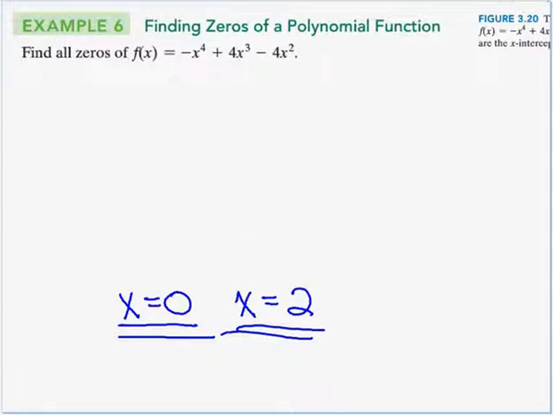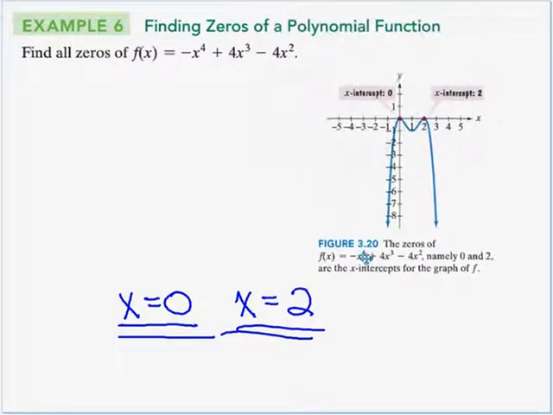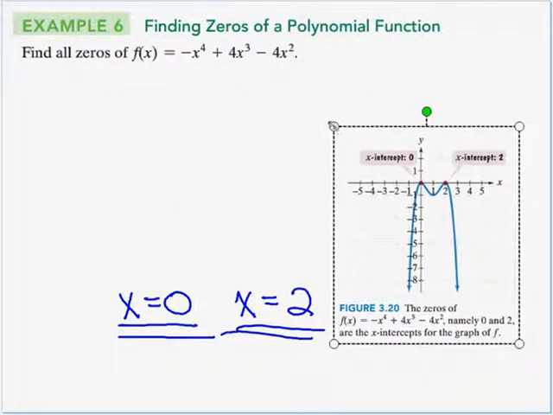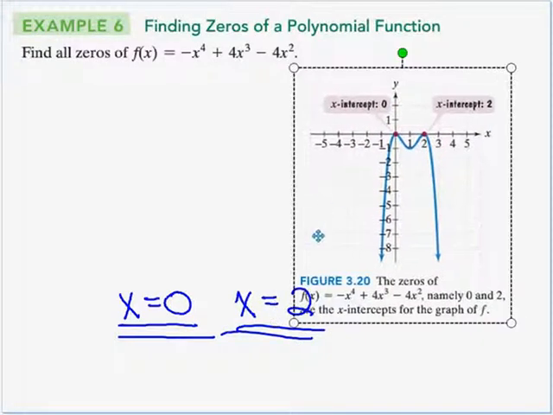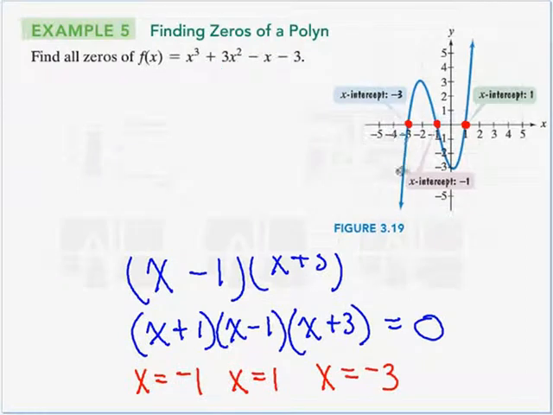Let's see what the graph looks like. Aha, a little different. Now look at this. We did not cross the x-axis at 0 and 2. We only touched them and turned around. Now let's back up. Here, we crossed the x-axis. We didn't just touch it and turn around. We actually went across from positive to negative territory. What's the difference in our roots?